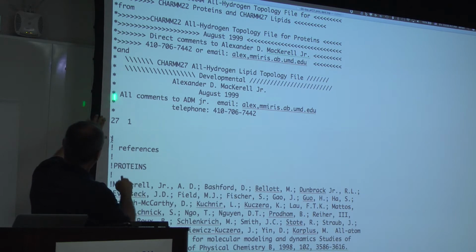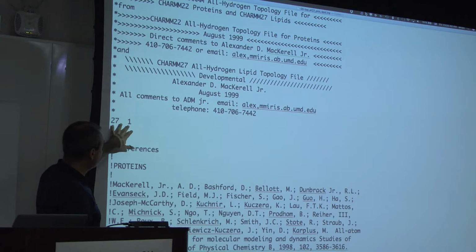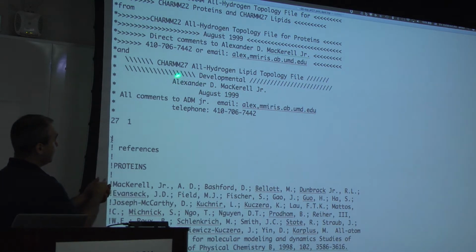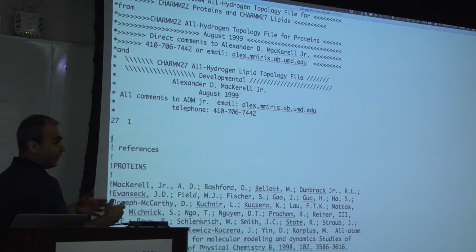There are a bunch of headers here, and then you have the version of the topology file specified here. Alexander MacKerell is actually the main person who has maintained the CHARMM force field. He has a website where most people who develop new force fields contribute.